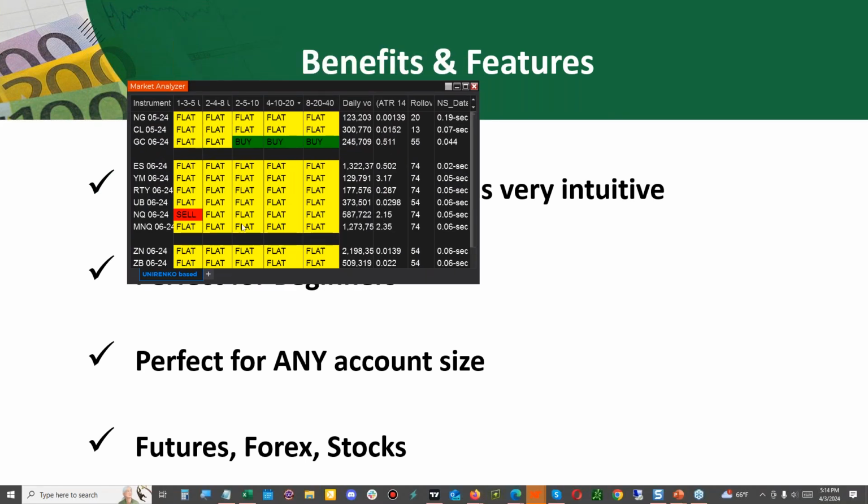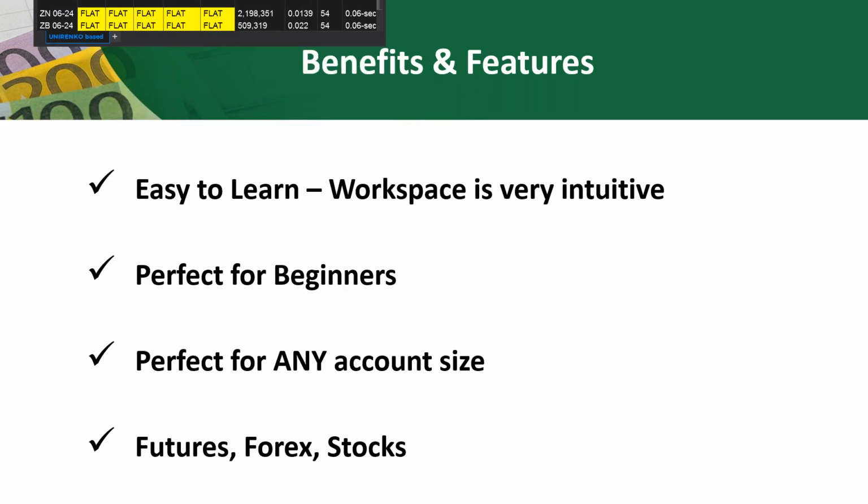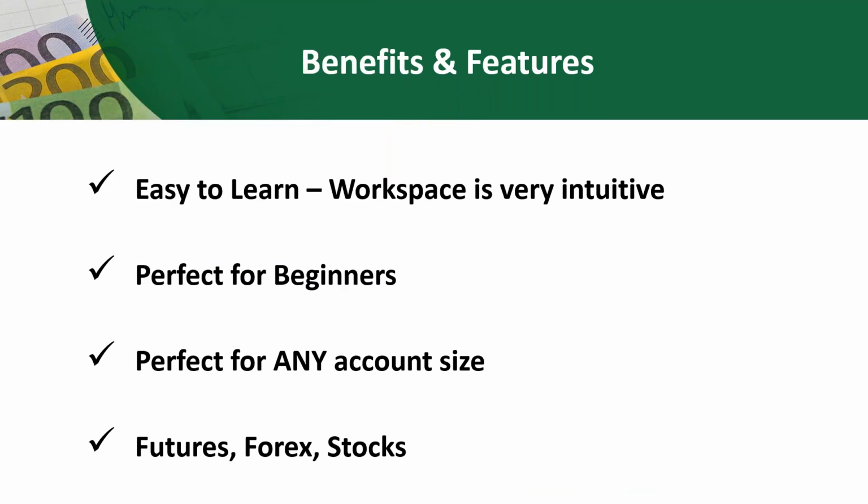Look at MNQ today. Look at the volume on MNQ today: 1,273,758 contracts. Look at NQ: less than half of that volume. So NQ and MNQ trade a lot of volume, and a lot of people trade MNQ because it gives them the flexibility to position size themselves to stay within their risk management.